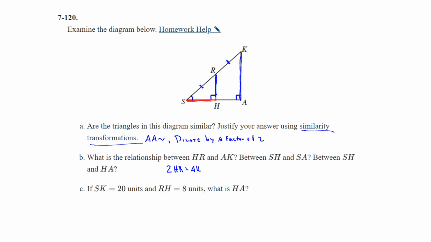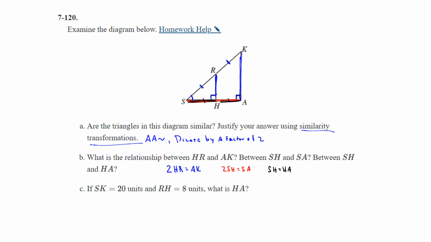So here's SH, and then the whole thing is SA. So twice SH is equal to SA. And then the last one between SH and HA. Well, those are going to be the same because it has that factor of 2 there. So therefore SH is equal to HA.